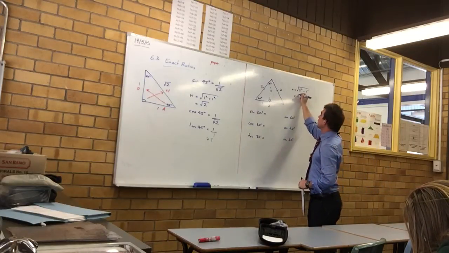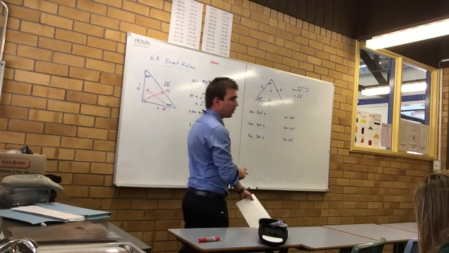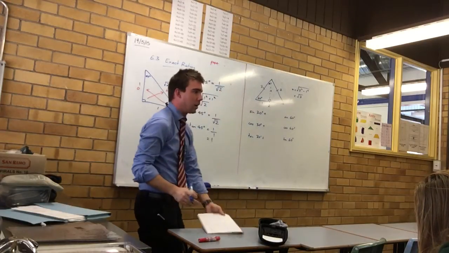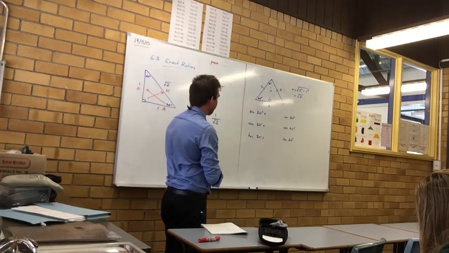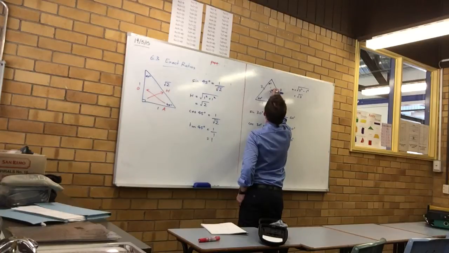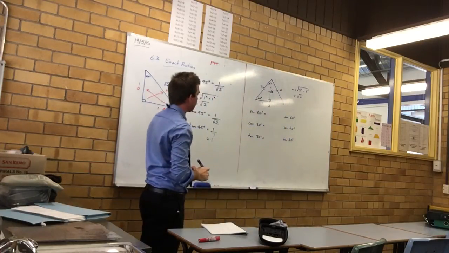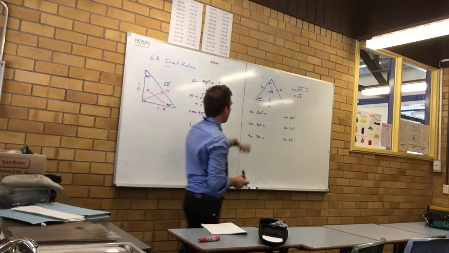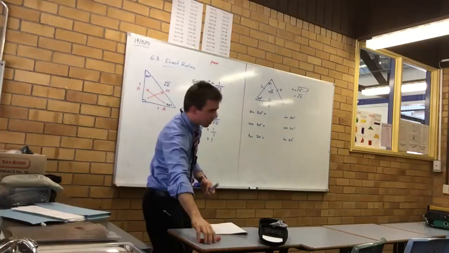So the square root of 4 take away 1, which is the square root of 3, and we can't simplify the square root of 3 any further from our surd topic. So let's change that to square root 3. Now we've got sine 30, cos 30 and tan of 30. So, let's go.